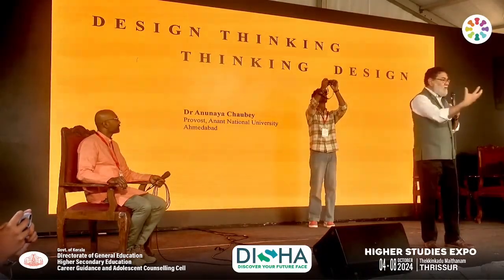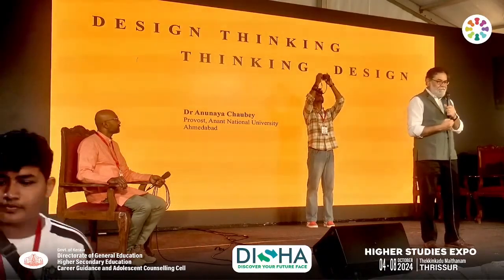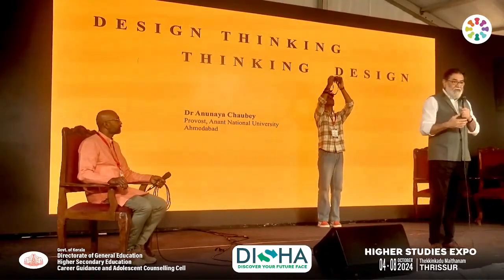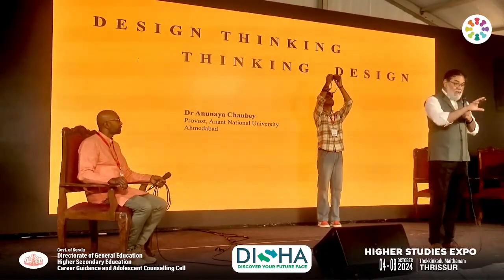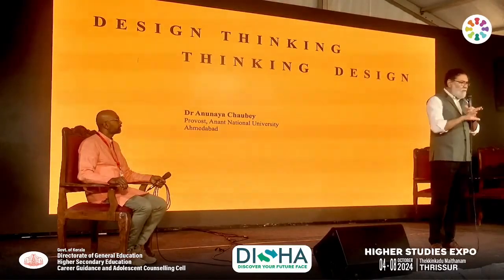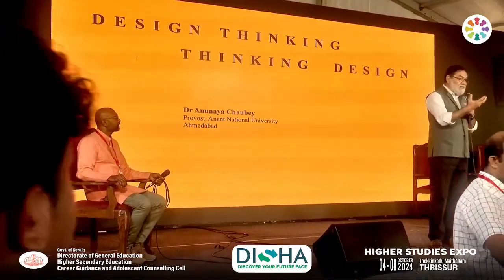These are all problems. Who is going to solve these problems? Of course, there are scientists, technologists, politicians, bureaucrats, administrators, all will solve the problems, but with the help of design.